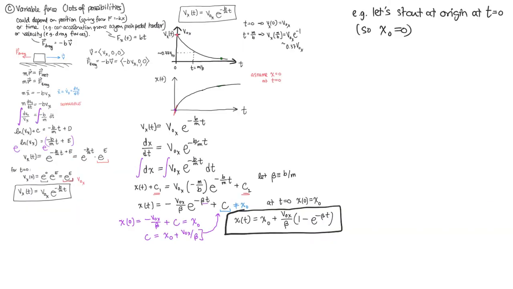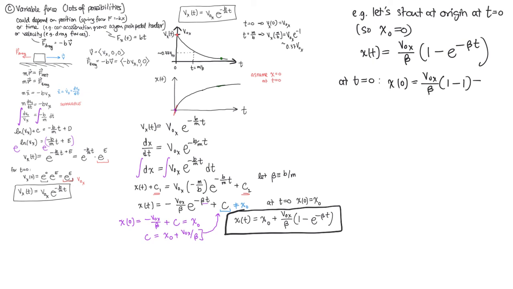So let's consider this specific case where we start at the origin at t equals 0, which means our initial position will be 0. So in that case, x of t would be initial velocity over beta, 1 minus the exponential. Okay, and at t equals 0, let's verify that we indeed start at the origin. So when we put in t equals 0, we get 1 minus 1, which is indeed 0.